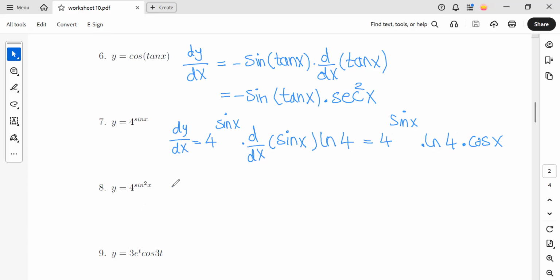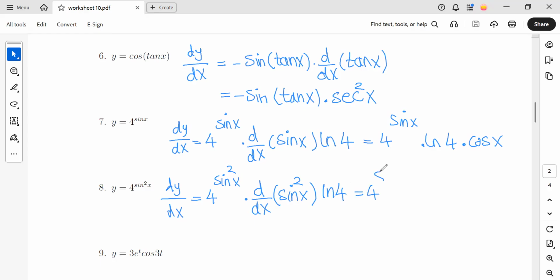Next one is almost the same, but the power is sine squared. So dy dx will have a copy of whatever we have times the derivative of the power, which is sine squared here, and multiplied by ln of 4.